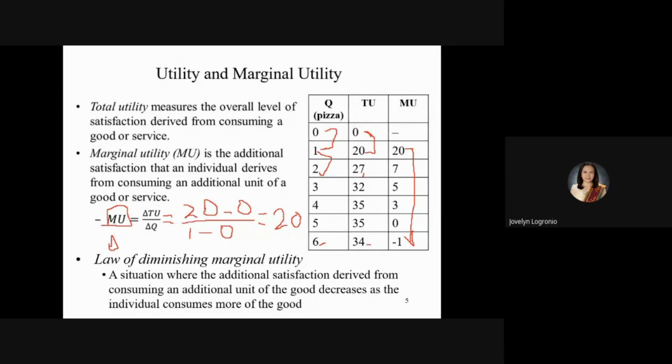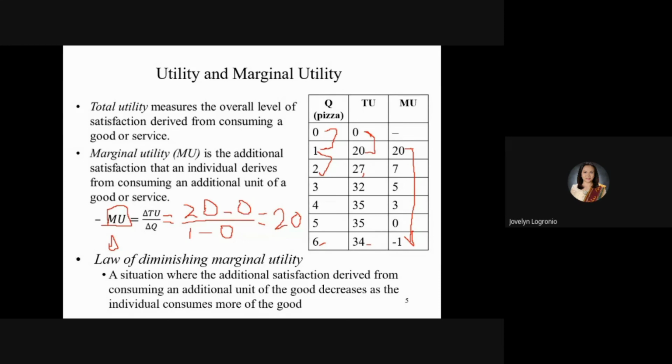First slice, siguro yung level of satisfaction mo ay medyo mataas pa, mas higher. Sa second slice, third slice, hanggang pang 10 or pang 8 slice, nagle-lessen yung marginal utility, di ba?